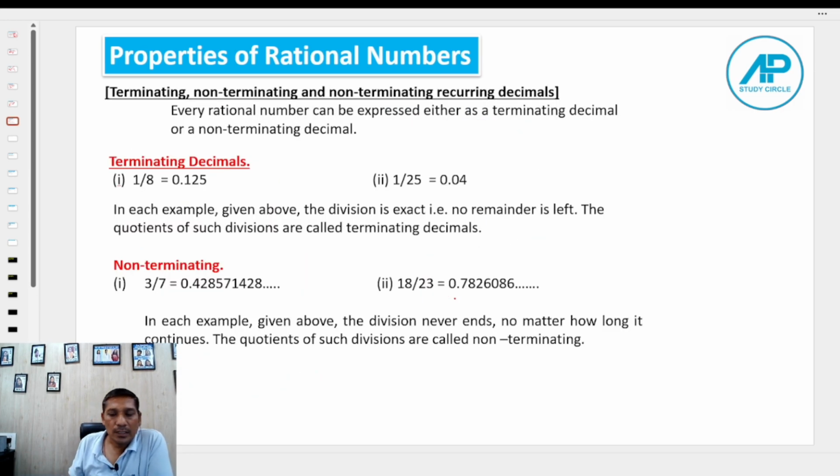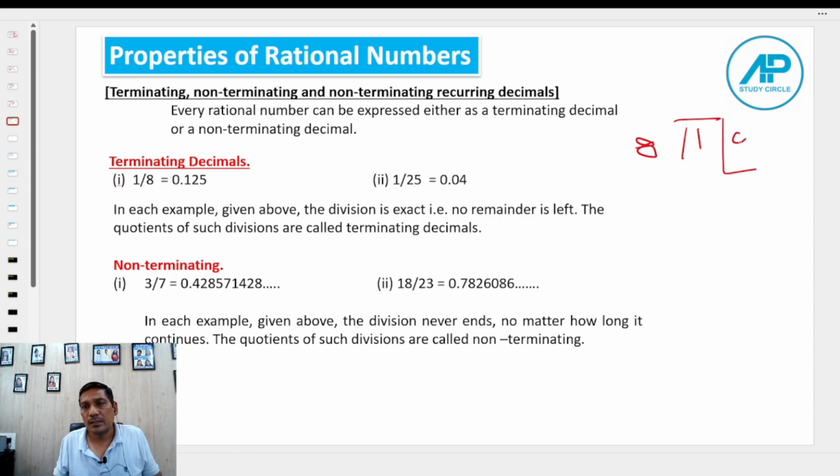Let us move on and talk about rational numbers in terms of decimals. Now, I'm expecting at this level of your class, you have a knowledge of decimals. So let us see what are the various aspects of decimals. So I'm dividing 1 by 8 and it gives me the answer 0.125.